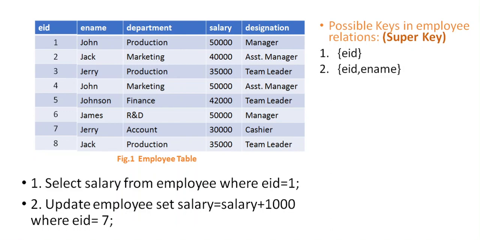Okay, see, if you take the combination of employee ID and name, 1 John, 2 Jack, 3 Jerry, then this combination is again unique because employee ID is unique. Employee ID is different for all the employees. So if you concatenate this employee ID with name, then that will again be a key, an attribute set which can uniquely identify the row in your table.